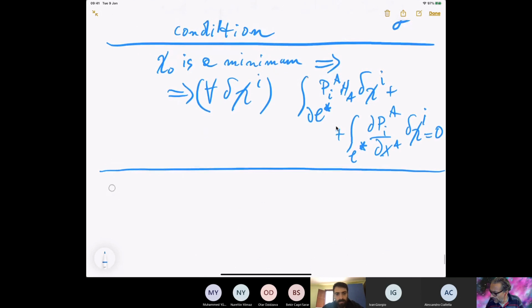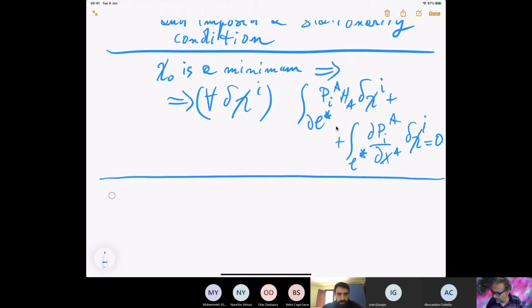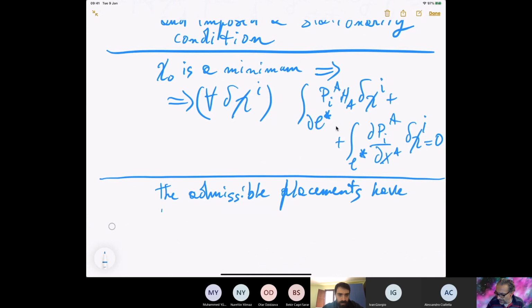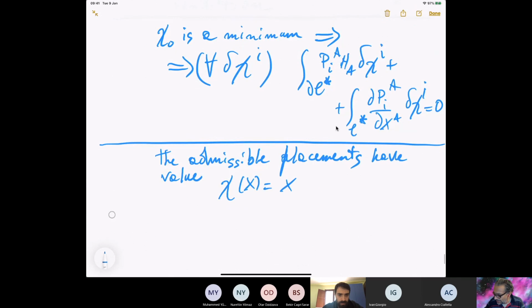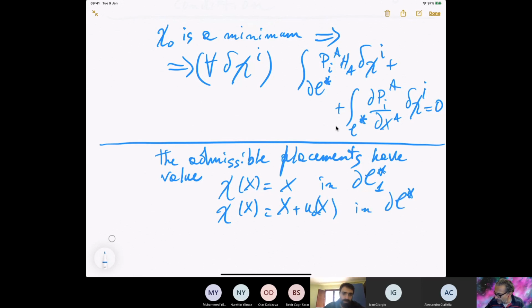So let us remember that the admissible placements have value chi of x equal to x in the first part of the blocked boundary, and chi of x equal to x plus u0 of x in the second part of the boundary.